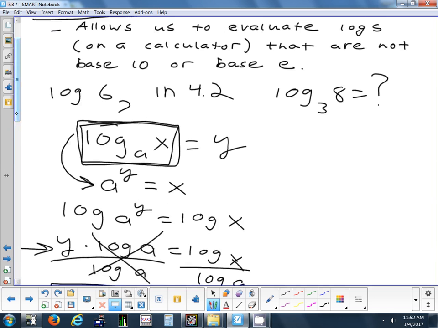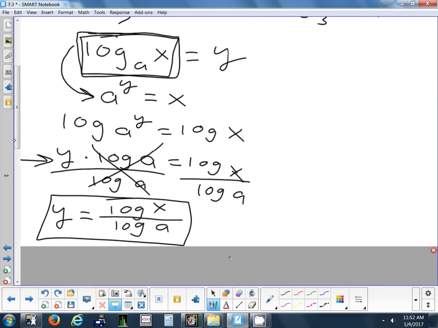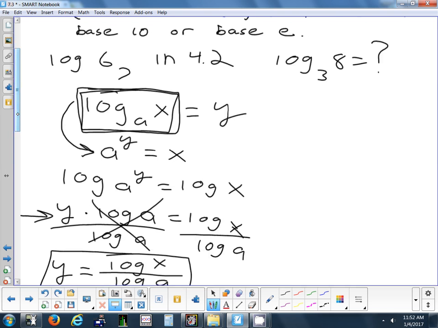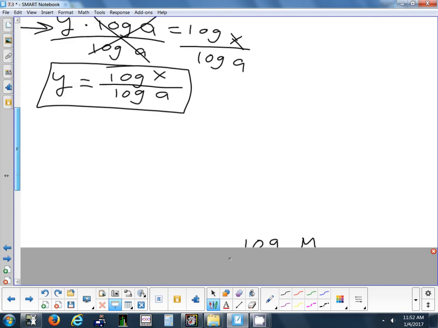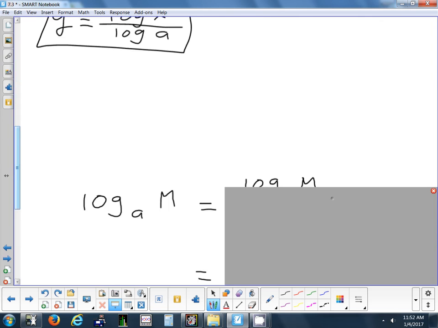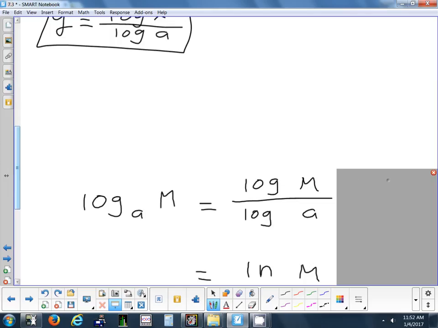So if you want to take a log and you have a base that's not 10 or e, all you have to do is take the log of the argument and divide by the log of the base and use base 10. And that's called the change of base formula. So to do log base a of m, take the log of the argument and divide by the log of the base.